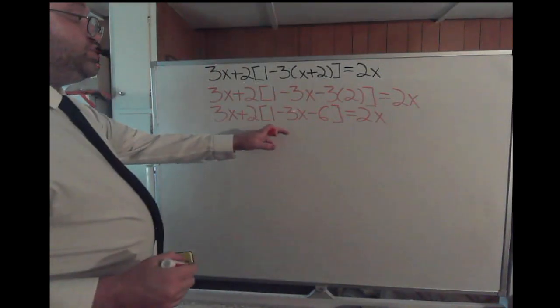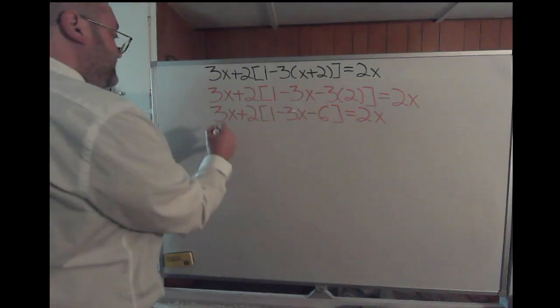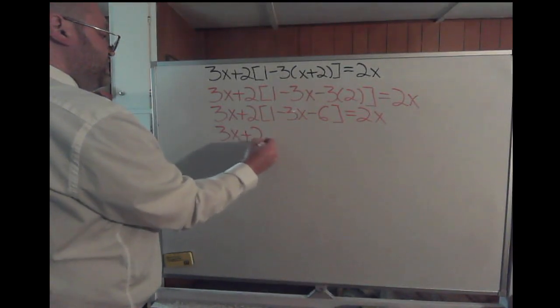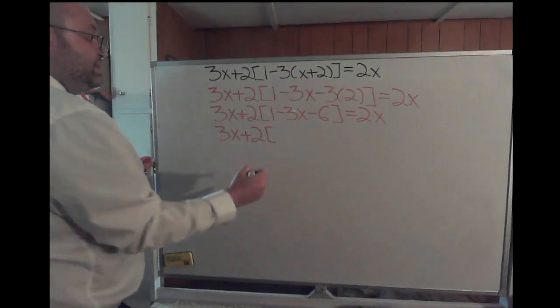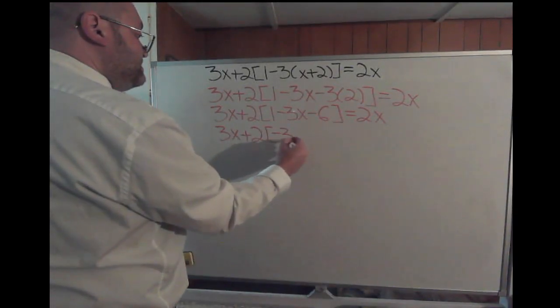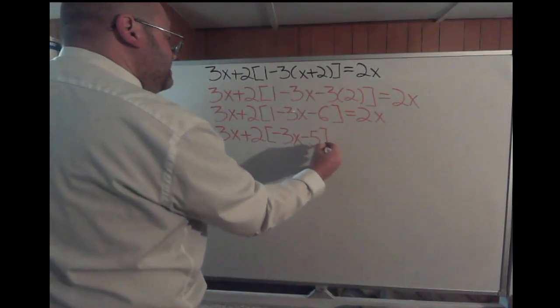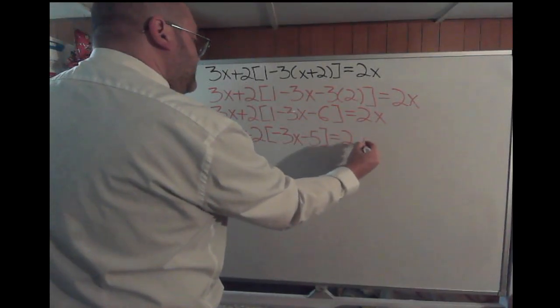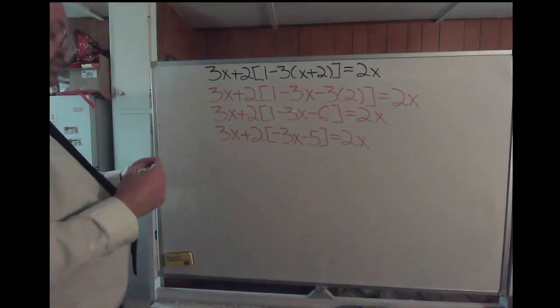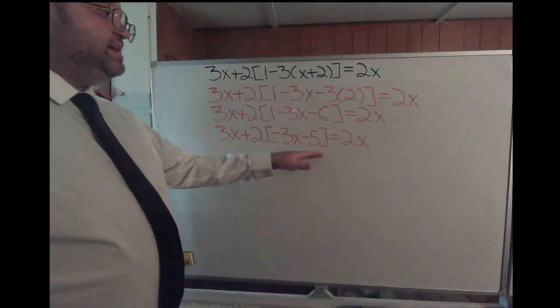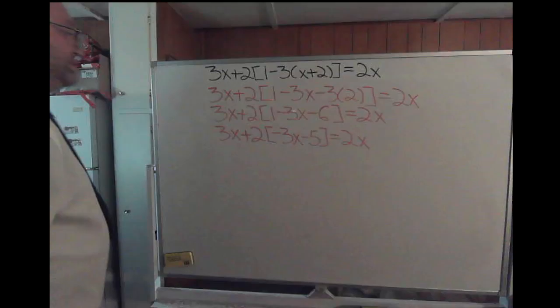Alright, now let's finish up the brackets. Let's make this nice. You'll have 3x plus 2 times what's in the brackets. You'll have the negative 3x, then you have 1 minus 6, which is negative 5. Is all this equal to 2x? So now you're down to 3x plus 2 times the quantity of negative 3x minus 5 equals 2x.